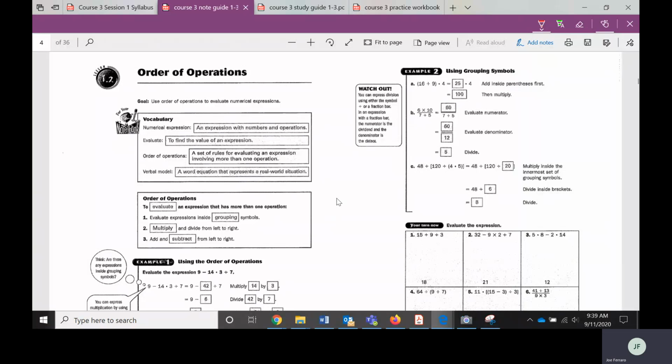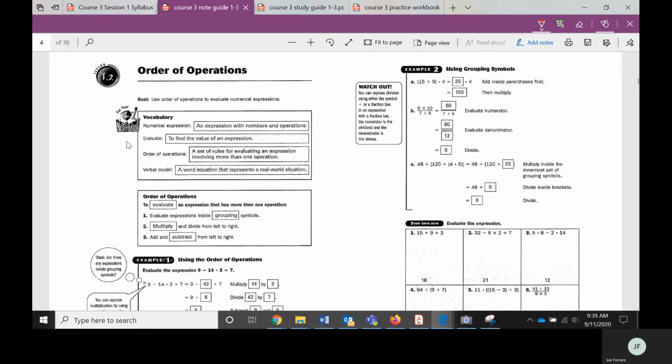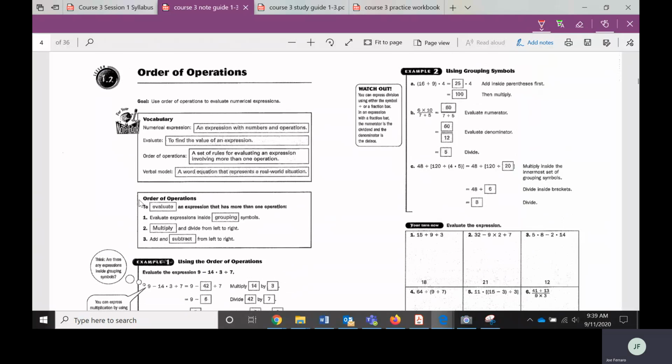We're going to leave a couple of those operations out right now. It's going to be a little bit more basic order operation stuff, so there's going to be no exponents right now. Okay. So what we're going to be looking at, order operations, and here's the order that you'll do them in.